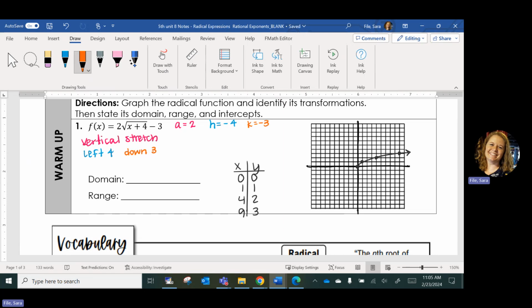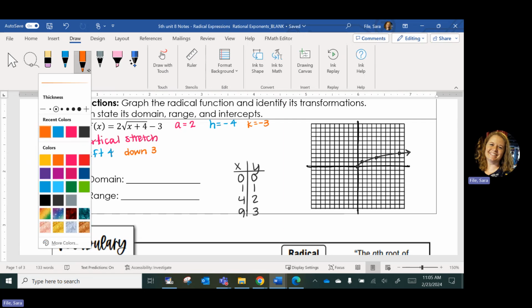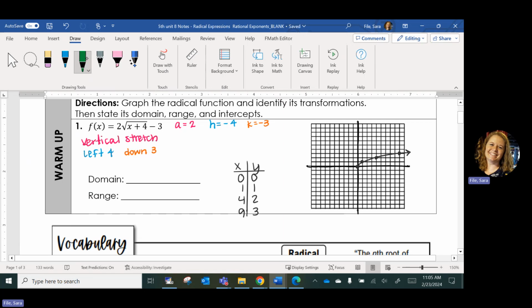That's why I wanted to be sure and put this one here. It's a little different if you go over to your graph to try to just move the points like we did yesterday. I can do that with my vertex. I can say, okay, it's going to go left 4, down 3. So there's my new vertex.